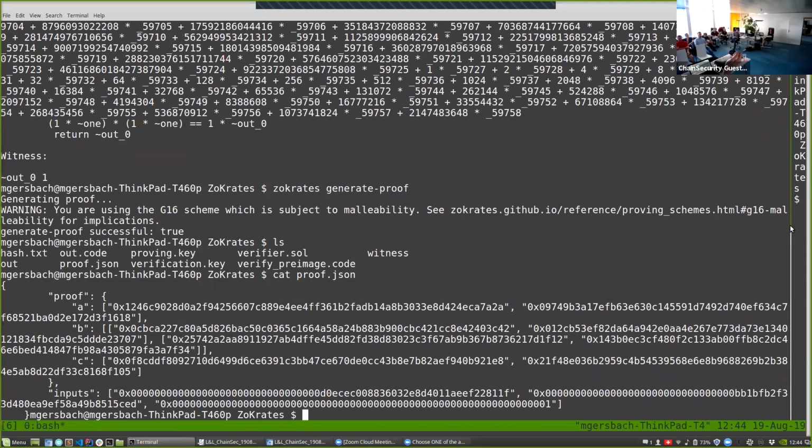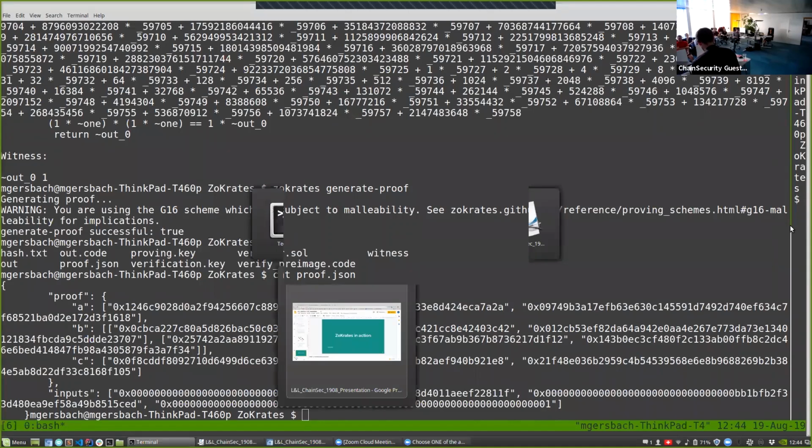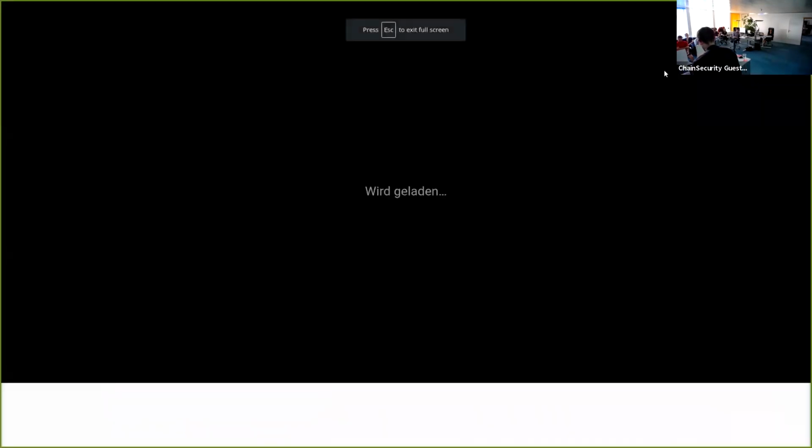And we can see, I showed you this verify transaction function earlier on, which expects A, B, and C. And these are exactly the A, B, and C you have to input there. So this is your proof. And as you can see, it's a reasonably short proof. So it's not something huge. It's not many megabytes which you have to supply. OK, so essentially, this was the full pipeline which we would do in ZoKrates for our example.